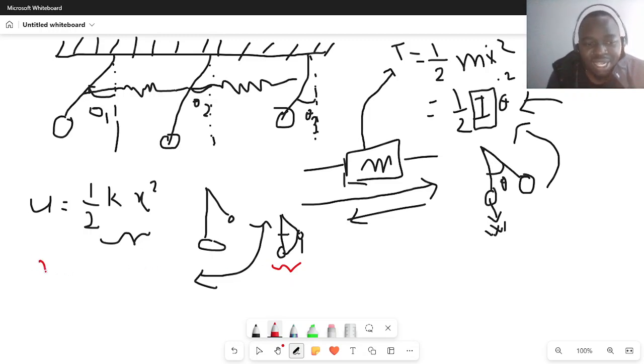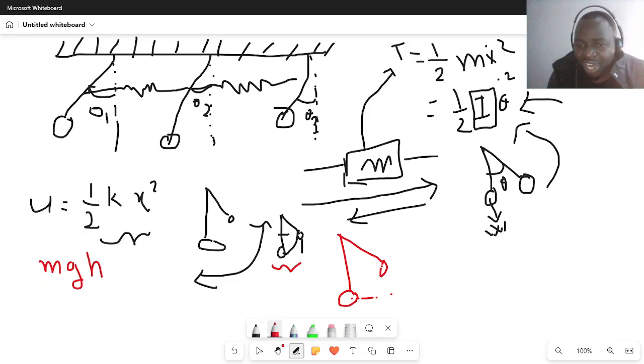It is simply the mass of the object multiplied by gravity and then height. What is the height? Remember that object had an initial position and it also has a final position. If initially it was here and finally somewhere here, there is a height created. This is the height that we are talking about.